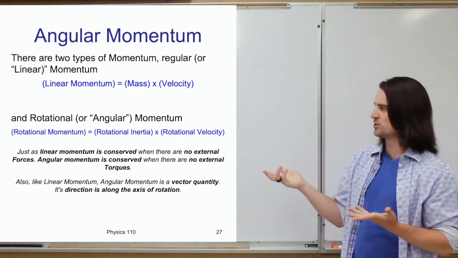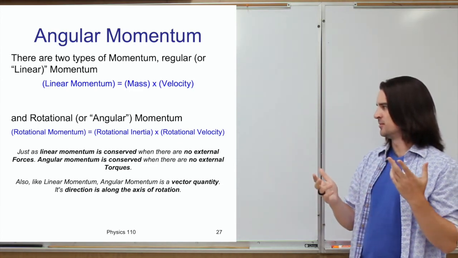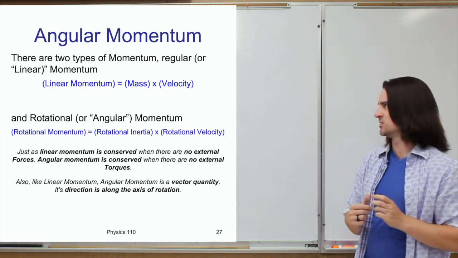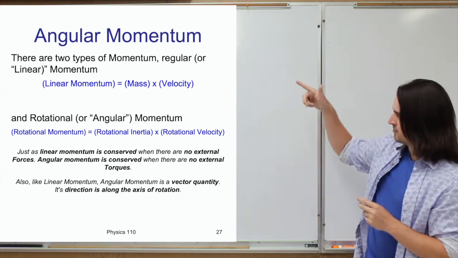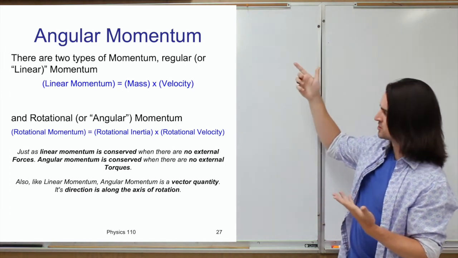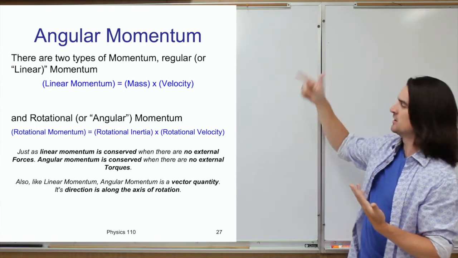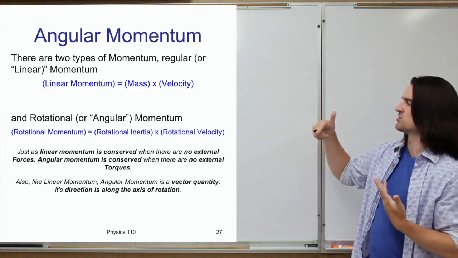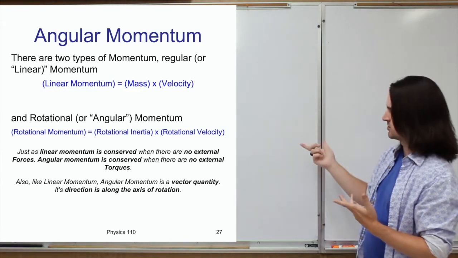And remember, rotational inertia has to do with how massive the object is and how that mass is distributed about the axis of rotation. So mass in the linear momentum case is essentially a measure of its linear inertia, and now we just switch over to the rotational case where rotational momentum has to do with rotational inertia and rotational velocity.